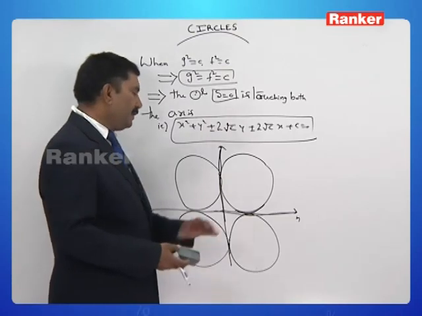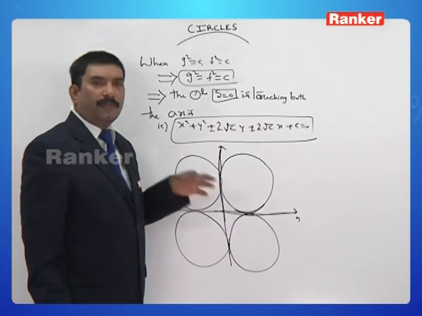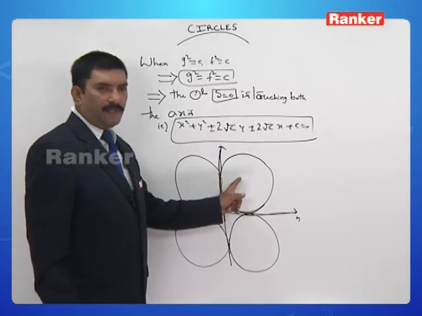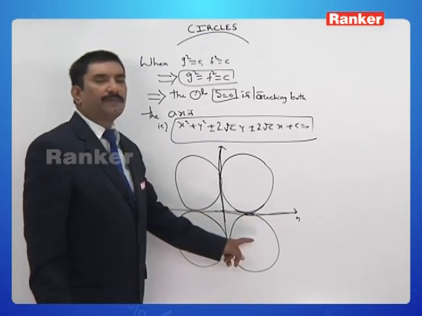So this is the position of the circle touching both the axes. Now this is in the first quadrant, this is in the second quadrant, this is in the third quadrant, this is in the fourth quadrant.